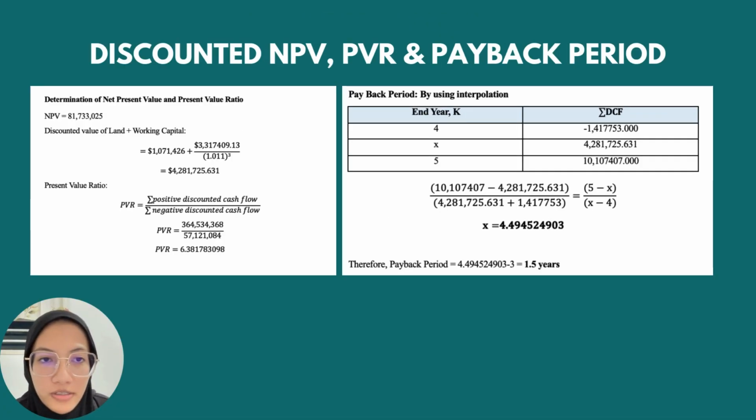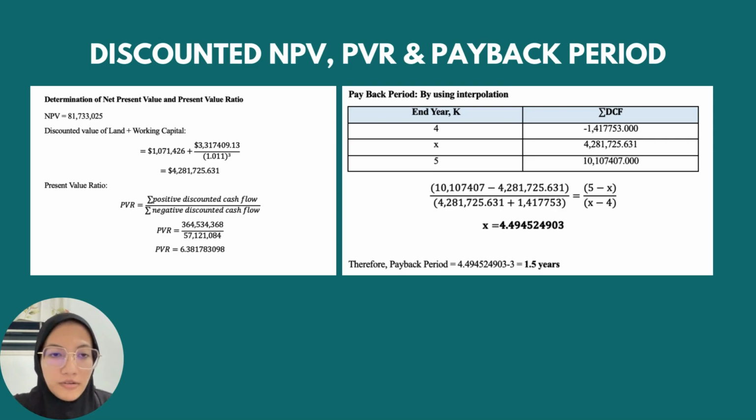Okay, so for the discounted cash flow, after all the calculation for the non-discounted cash flow, we can find the discounted value. In order to get it, we divide the cash flow from the previous calculation by 1 plus our internal interest rate, which is 1.1, raised to the power of the year, and then we get the discounted cash value.